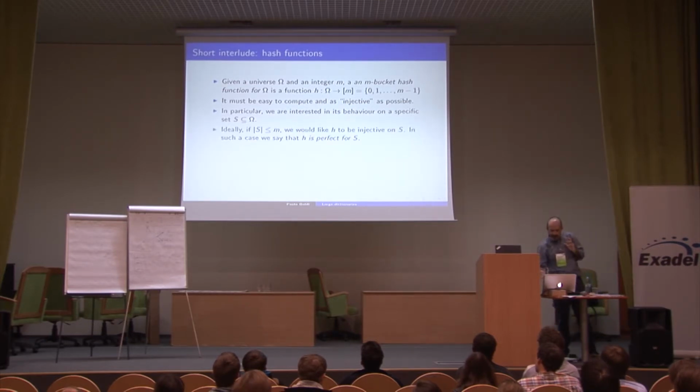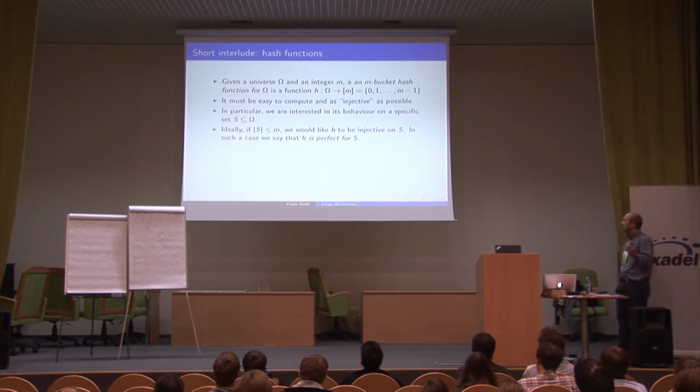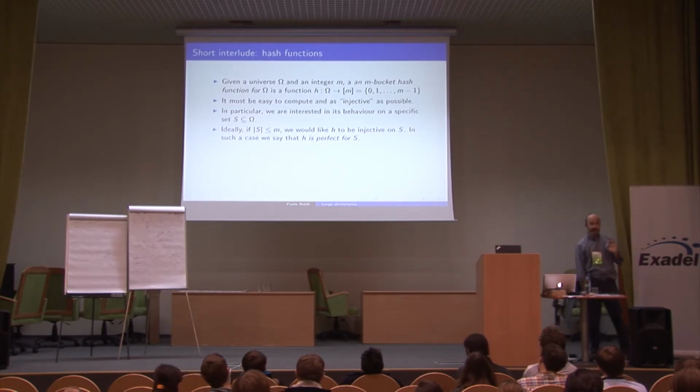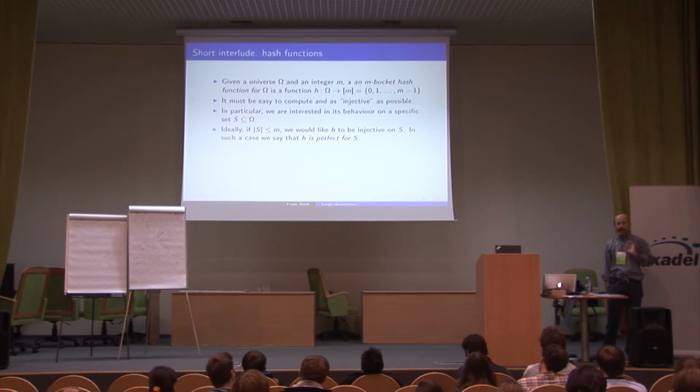Of course, this is possible only if the set is small, because if the set is larger than m, there is no way to find an injective function. Now, if H is injective on S, we say that H is perfect for S. So a hash function is perfect on a subset if it's injective on that subset. I don't know why they decided to call it perfect and not injective, which is the right way to call it. You're following me? Okay.